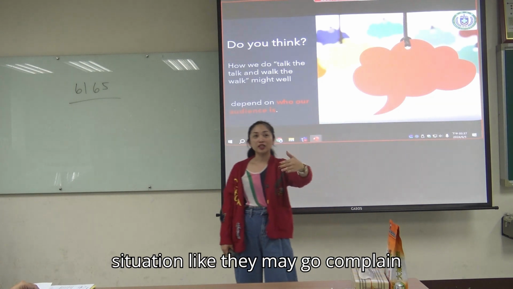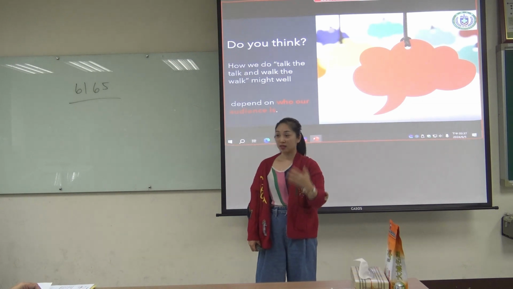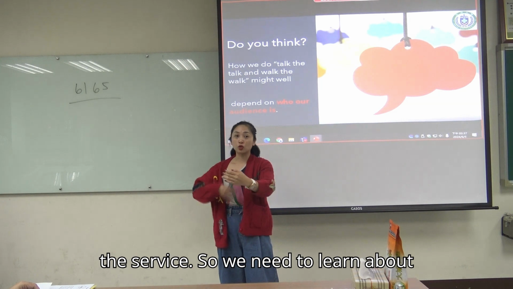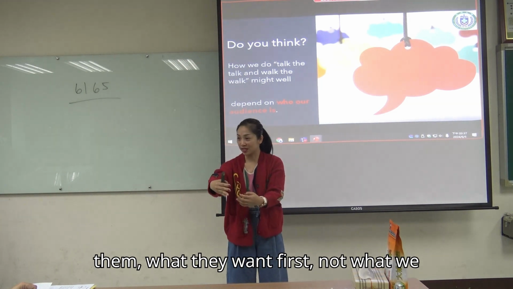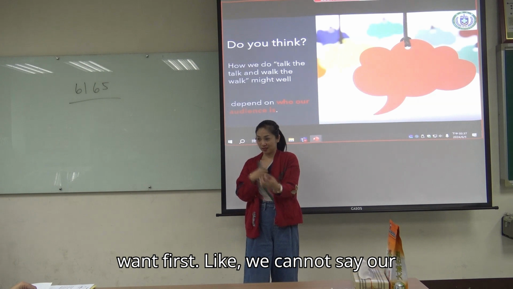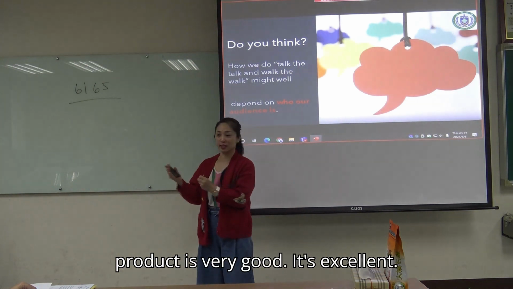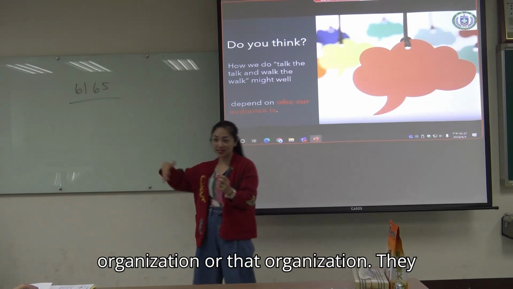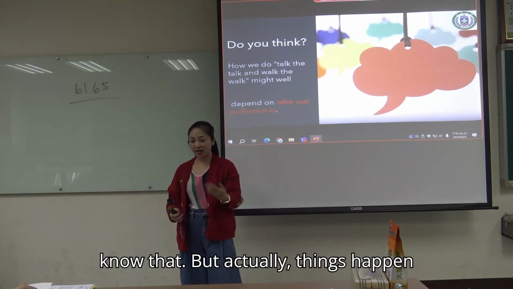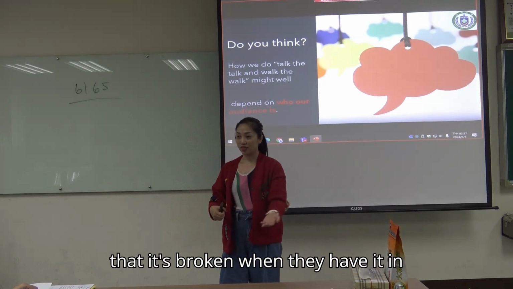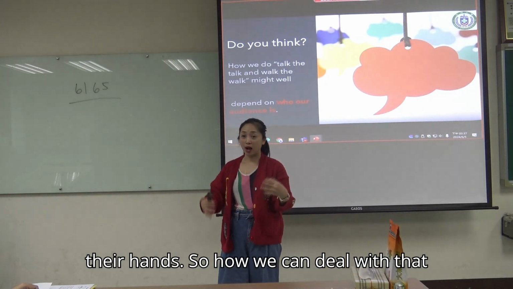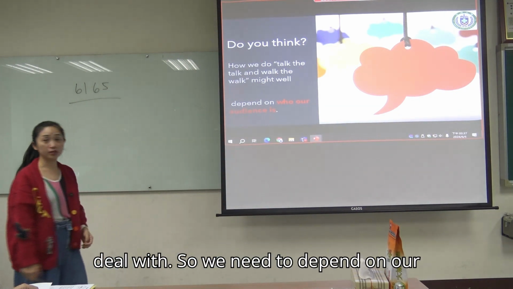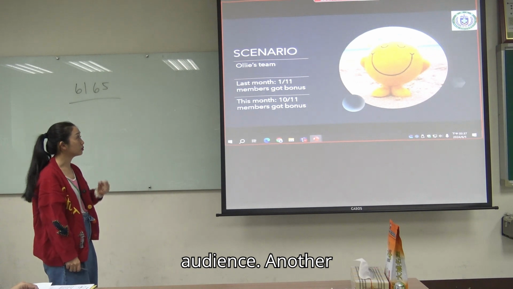When there's a situation where they complain to our company about the products or the service, we need to learn what they want first, not what we want first. We cannot say our product is very good, it's excellent, it's proved by this organization or that organization. They know that. But actually, things happen, and it's broken when they have it in their hand. So how can we deal with that situation? We need to depend on our audience.